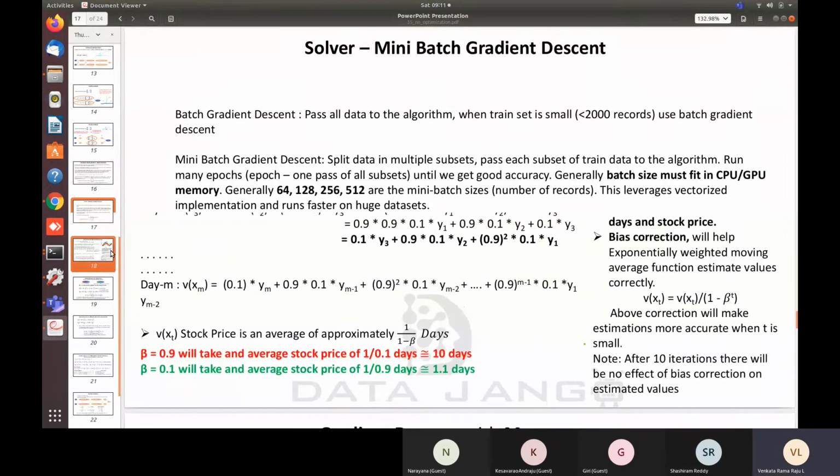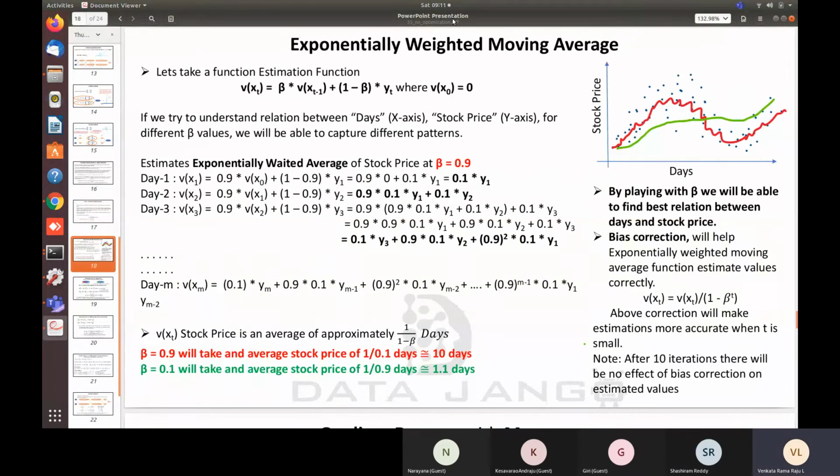No, sir. Okay, good. So the exponentially weighted moving average we will understand. Suppose that there is a stock market, and stock prices generally get affected by the previous days' prices, right? Suppose this red line is one model trying to predict the stock price, and the green line is another model.